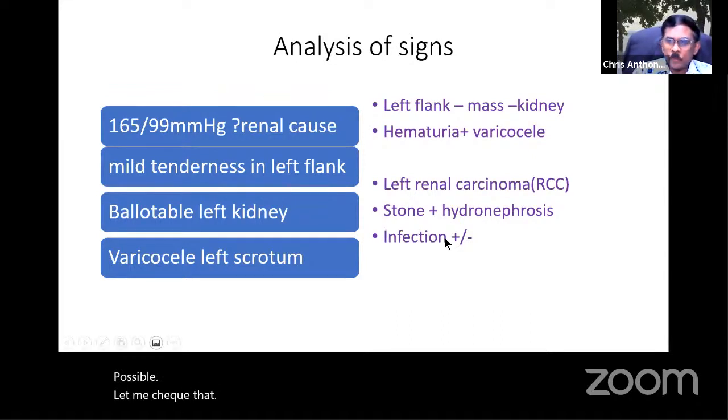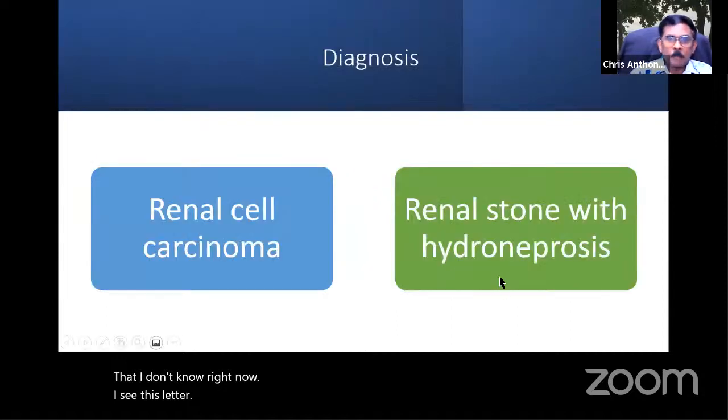Otherwise, it can also be associated with infection, plus or minus. But this is very unlikely because there's no fever. Classically, a patient with renal infection, pyelonephritis, will have high fever with chills and rigors. In this patient, there's no fever at all. So based on this, it is either a renal cell carcinoma or a stone in the kidney causing hydronephrosis and enlargement.